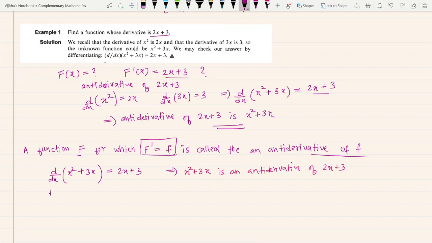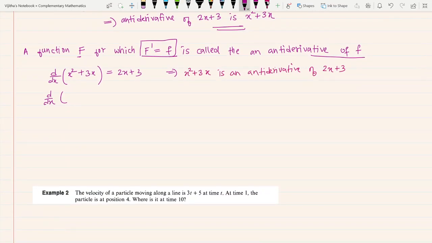Next, d by dx of x square plus 3x plus 5 is again equal to 2x plus 3. So x square plus 3x plus 5 is also an antiderivative of 2x plus 3. If you add any constant here, its derivative will be 2x plus 3. So x square plus 3x plus capital C, where C is a constant.